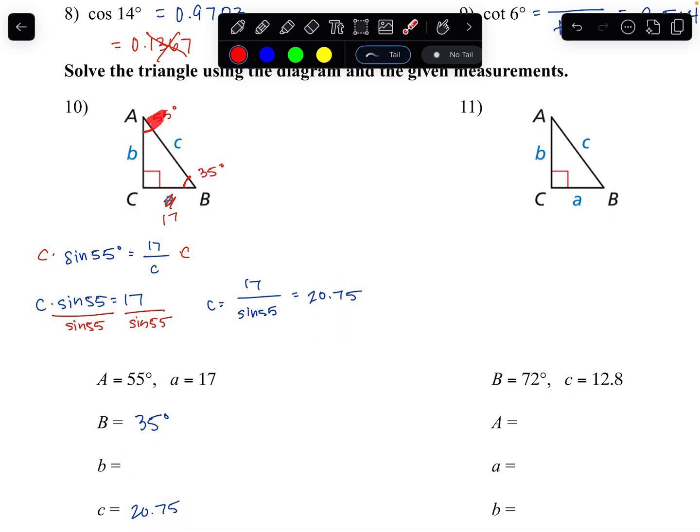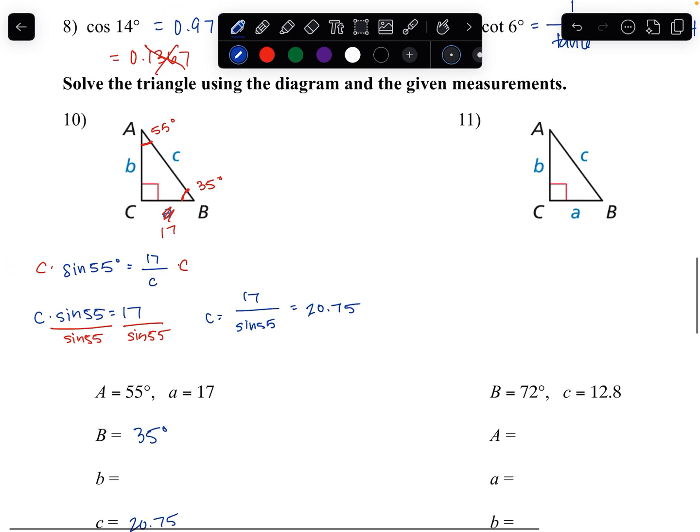This time let's say that I use angle B, and I'm going to use tangent. Again, I have a lot of different options available to me. So tangent of 35 is equal to B over 17.